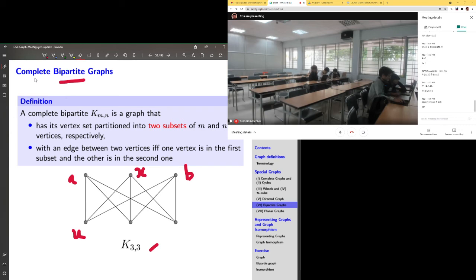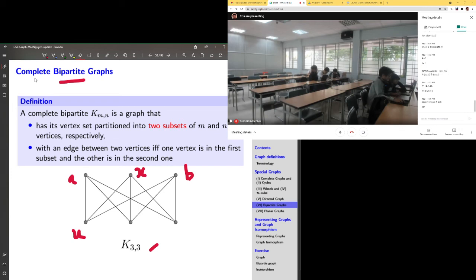And the second condition says that you allow one vertex in the first subset A to connect to any other one in the subset B. So therefore, we conclude that by the multiplication rule, the total number of connections will be m multiplied by n.